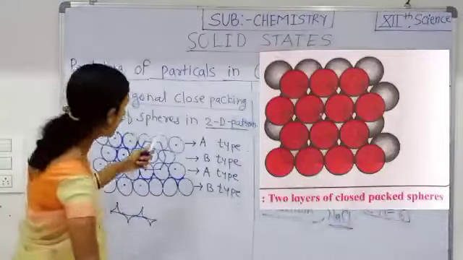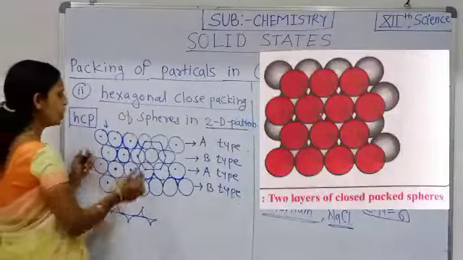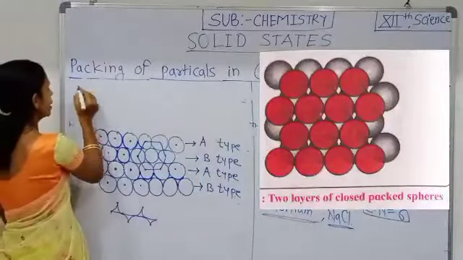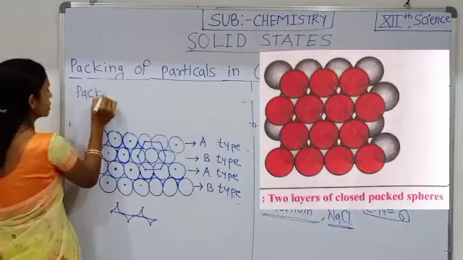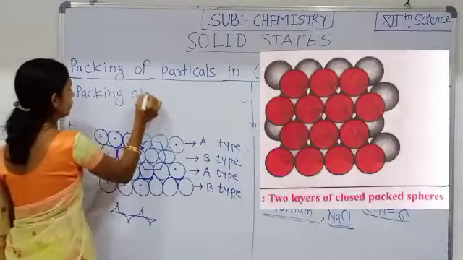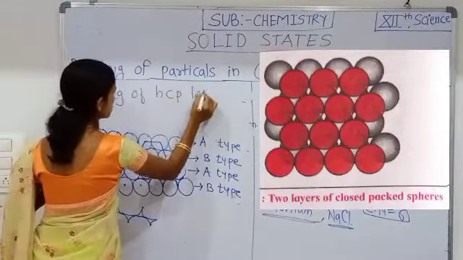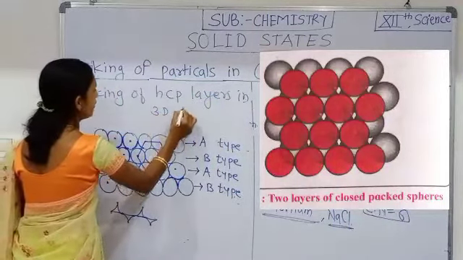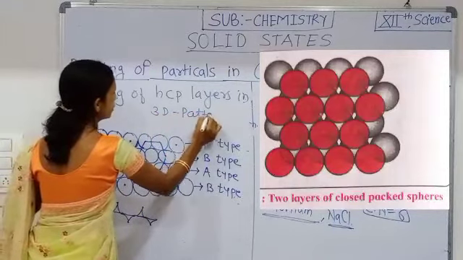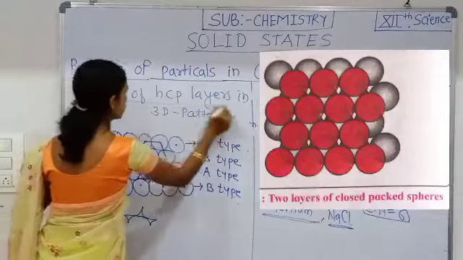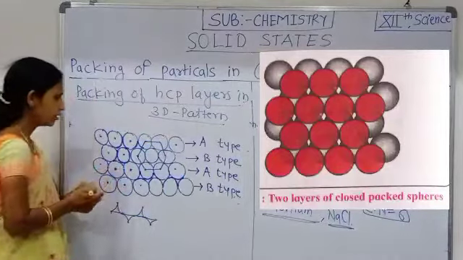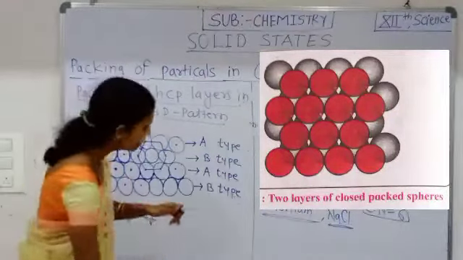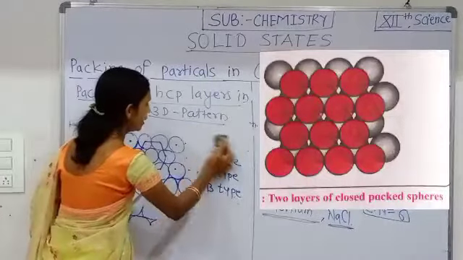Then when we arrange these type of layers in the 3D pattern, packing or stacking of SCP layers in 3D pattern, then here this layer is considered as A type layer.